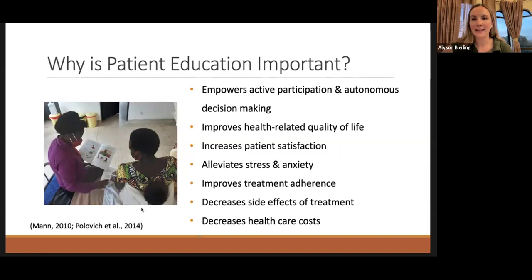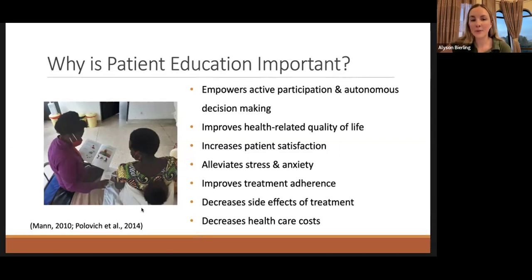The root of a lot of that stress and anxiety is an uncertainty about what is happening to them and what they can expect in the future. So if we're able to address those uncertainties, that's a really good opportunity to alleviate stress and anxiety.